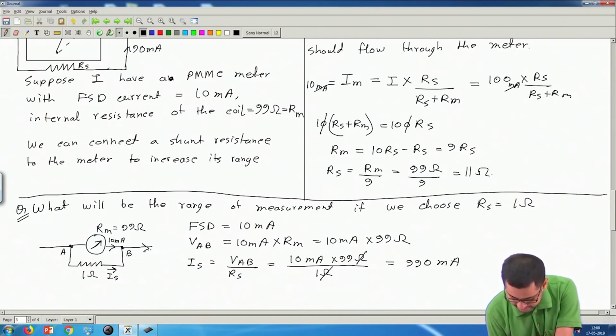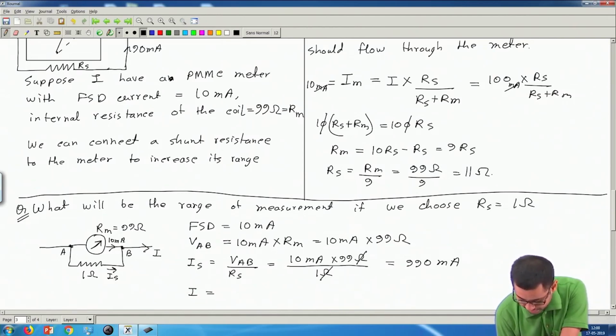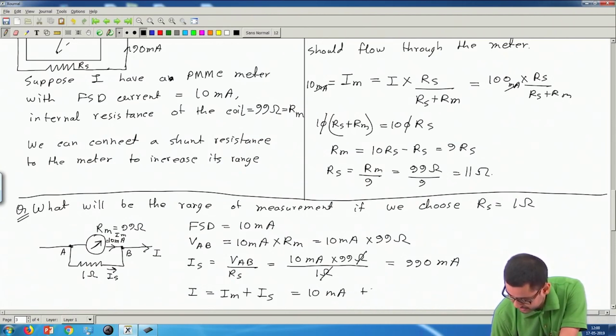Now what is this current? I is nothing but this current 10 milliampere, call it Im, meter current, plus Is, the shunt current. So this will be 10 milliampere plus 990 milliampere, equal to 1000 milliampere or 1 ampere.